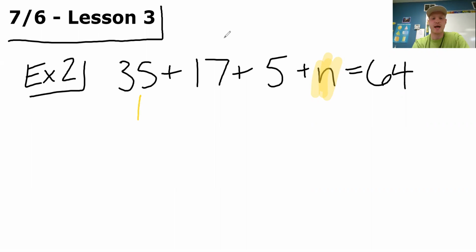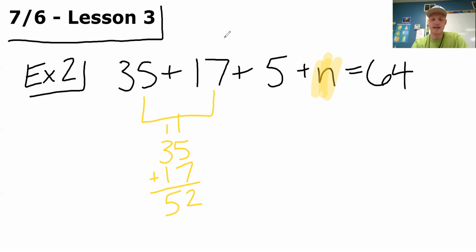We are going to add together these 3 numbers, 35, 17, and 5. First, 35 plus 17. In the first column, 5 plus 7 is 12. Then 1 plus 3 plus 1 is 5. So my answer is 52.